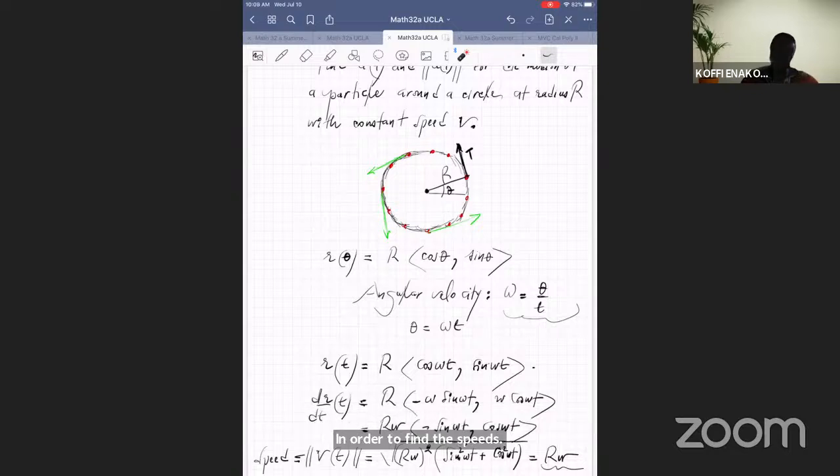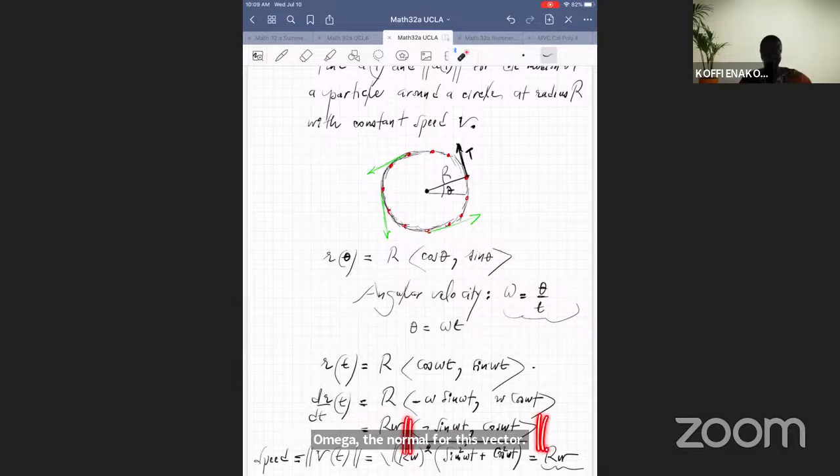And I'll find the speed, to confirm that with a constant angular velocity the speed is constant. The speed is the norm of the velocity, which will be r omega times the norm of this vector. So what is the norm of this vector, guys?